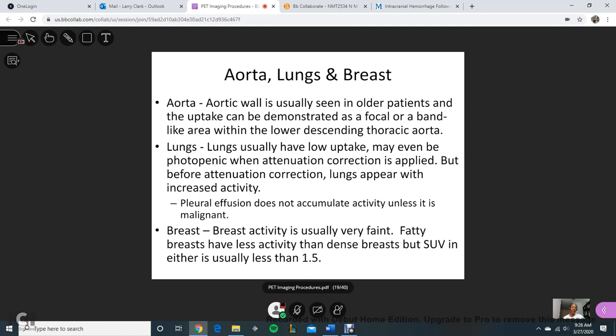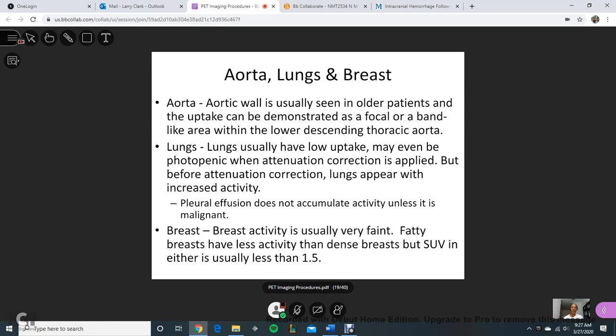Pleural effusion does not accumulate activity unless it is malignant.